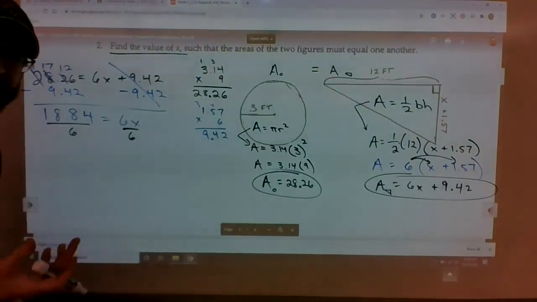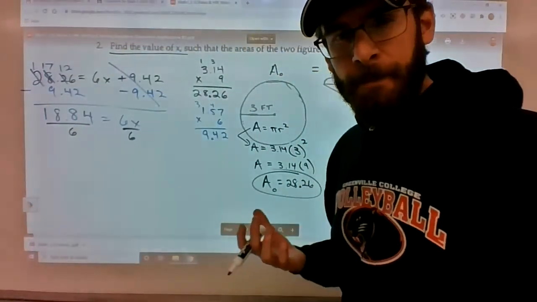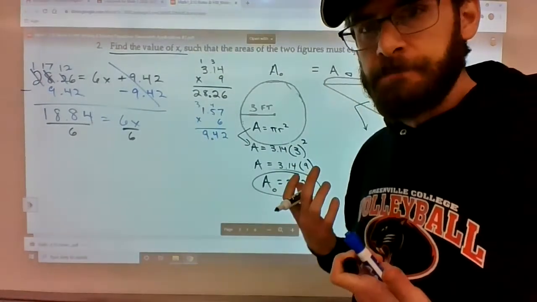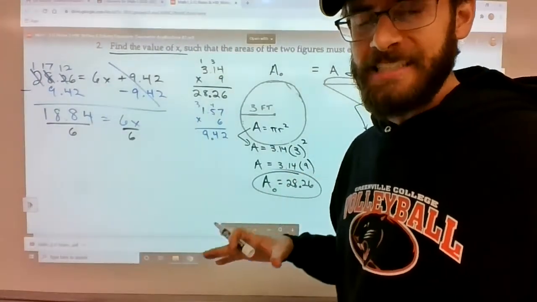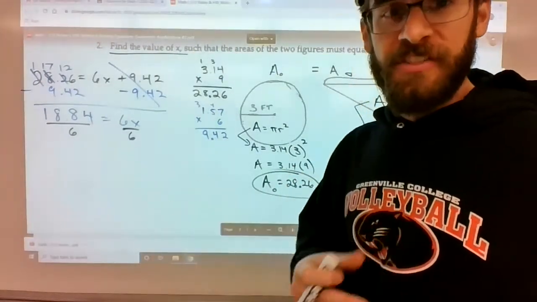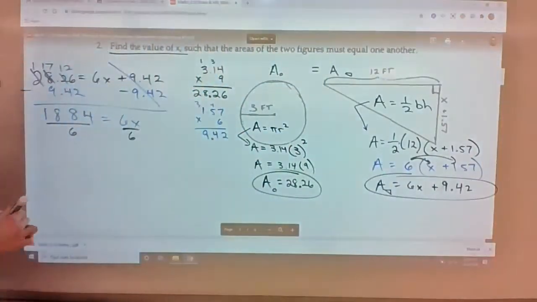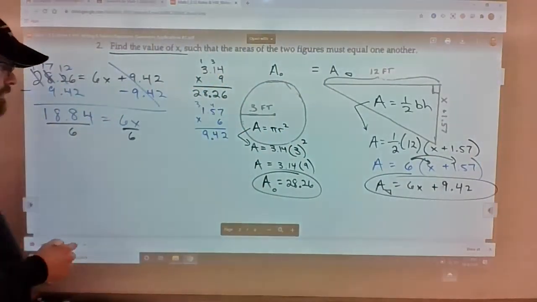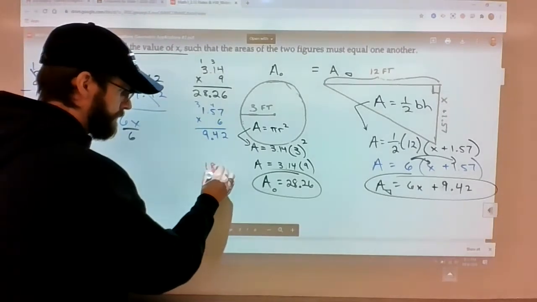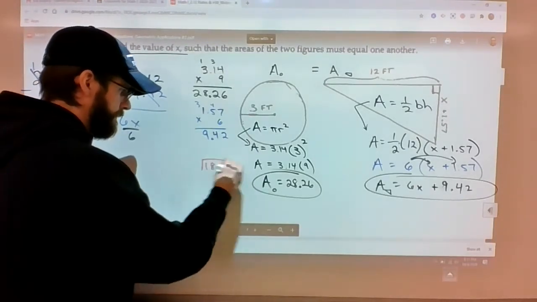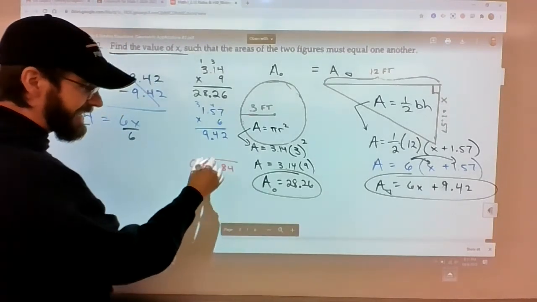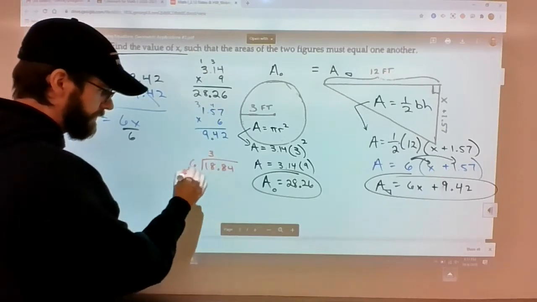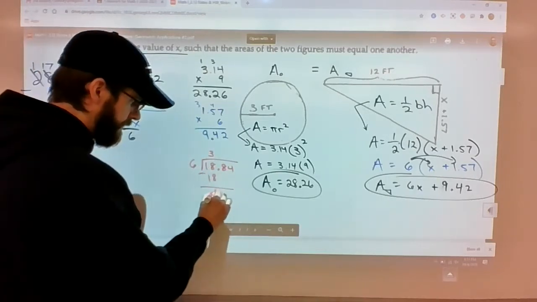And instead of multiplying the top and bottom by 1,000 or 100, I'm gonna straight up try to figure this out. 18.84 in the box, 6 on the outside. So 6 goes into 18 exactly 3 times. 0.